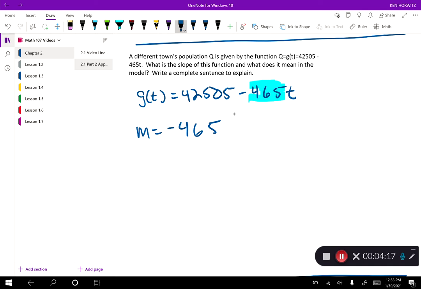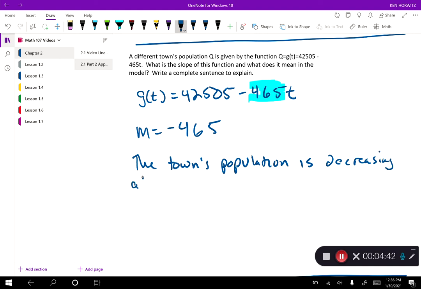In this case, what it means is the town's population is decreasing at a rate of 465 people per year. So that's the sentence you would write.